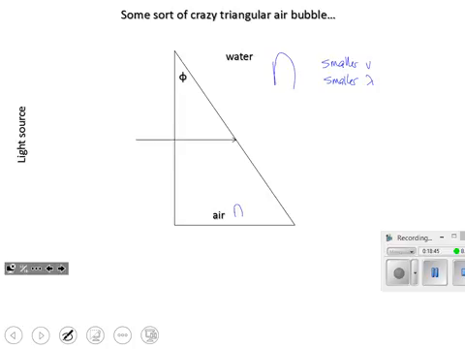Now it gets to this boundary, and at this boundary we can construct our normal. And now this is a less to more, a smaller n to a bigger n.